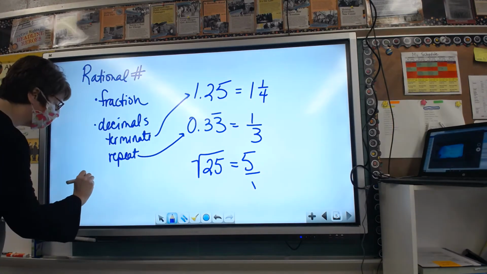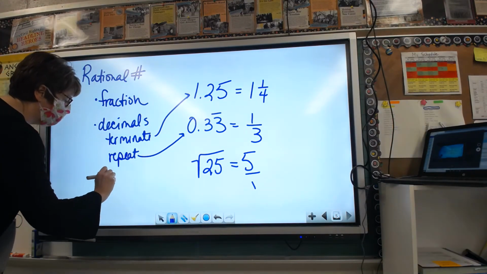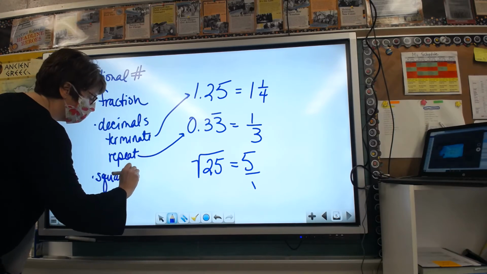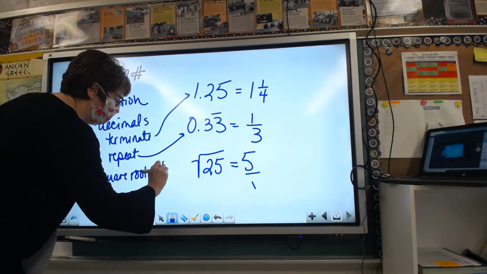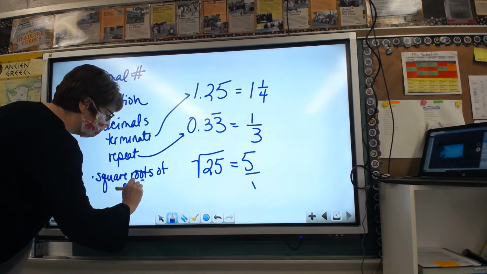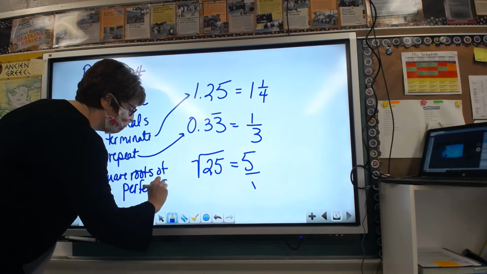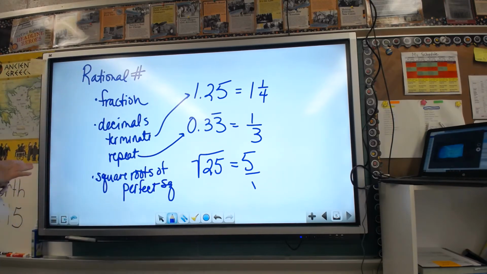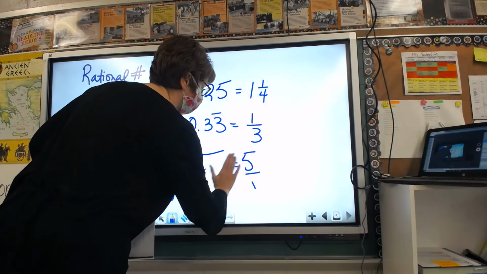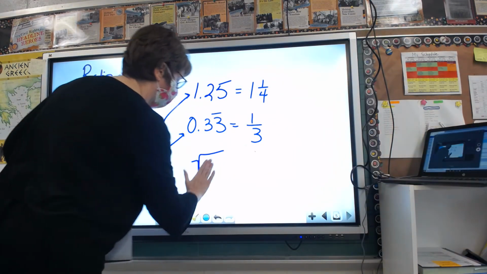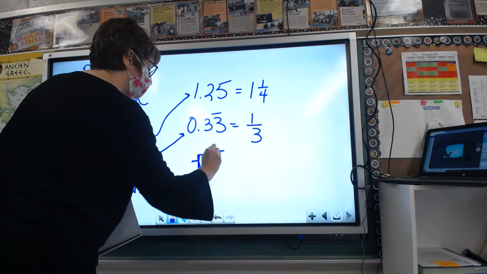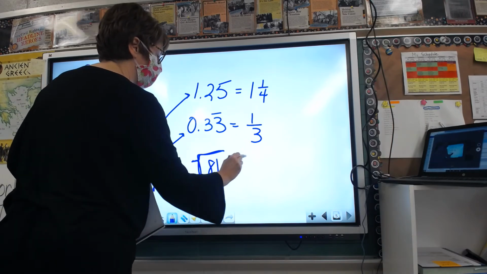So I can also do the square roots of perfect squares. Now this only works if the number inside is a perfect square. If I put 81 inside, what would it equal? What's the square root of 81? 9. That one works.